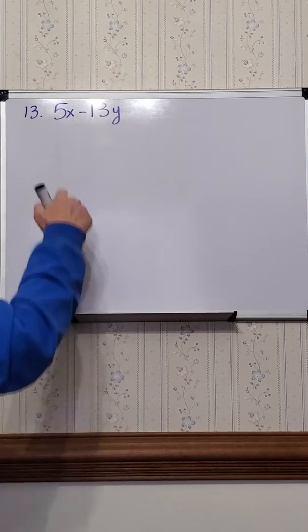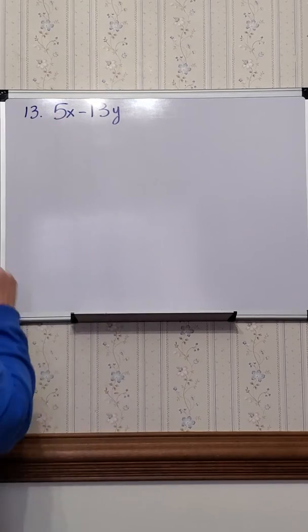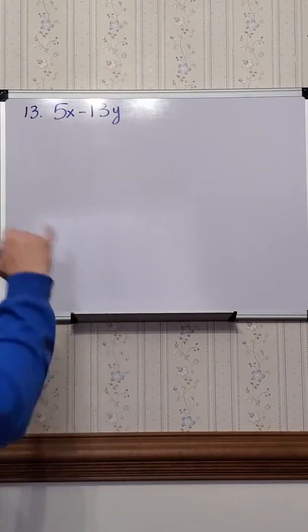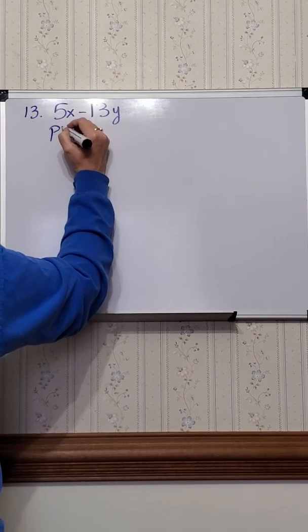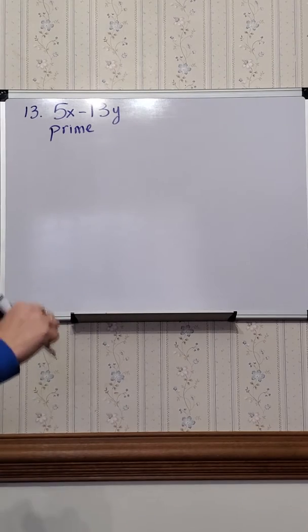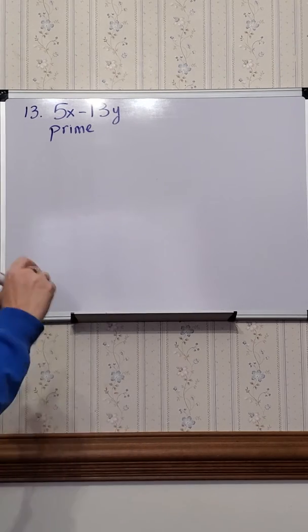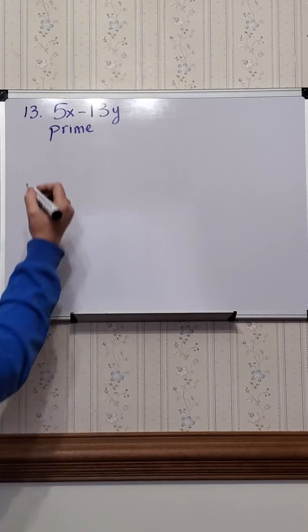And there's nothing that I could pull out between 5 or 13. There's no common factors that I can pull out. Both of these in themselves are prime numbers. So when I see this, this is going to be prime. Remember, if it can't be factored out, it's prime. This is an example of one that's prime. We can't factor that one out at all.